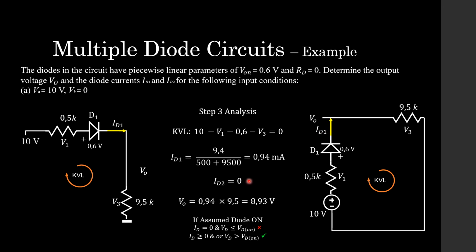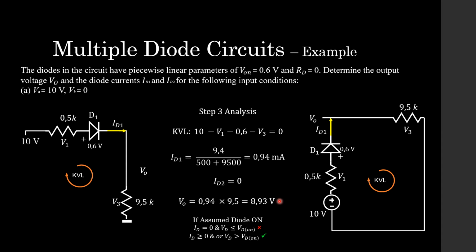And of course ID2, because this diode is off and it is an open circuit, that's going to be 0. We can then calculate our output voltage, which is simply the current 0.94 milliamps multiplied by this resistor here, and we get our output voltage at 8.93 volts.